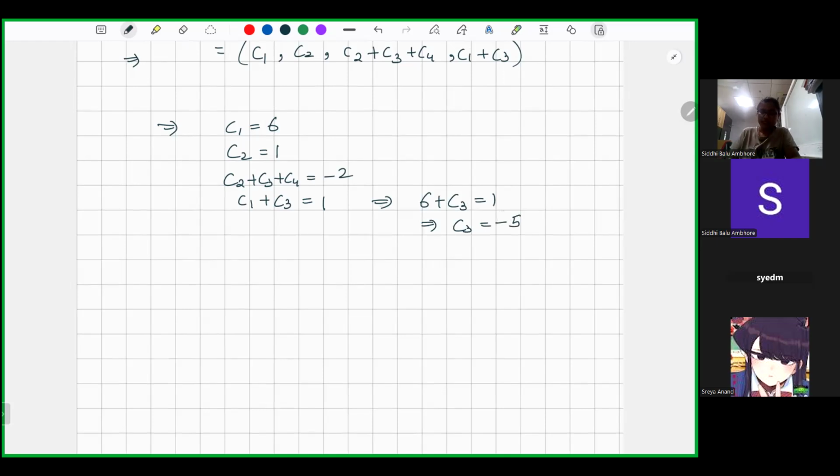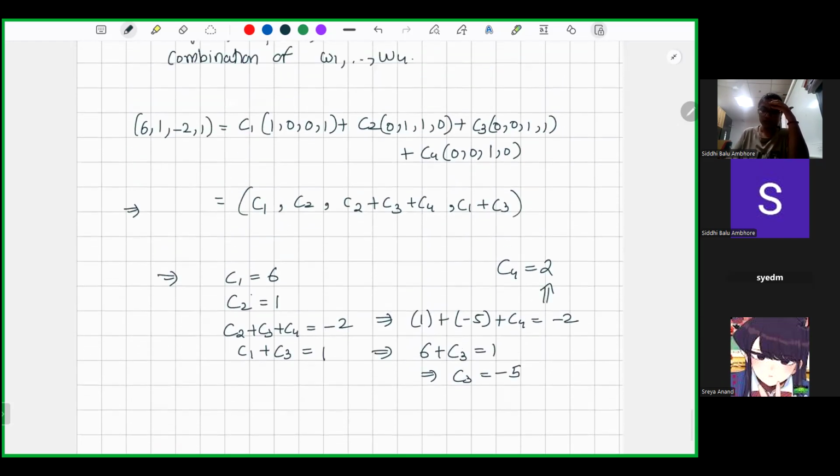And I have C3 is equal to minus 5 and C1 is equal to 6. So C2 plus C3 plus C4 is equal to minus 2, and so this will imply C4 is equal to minus 4 plus 4 minus 2, which gives me 2.